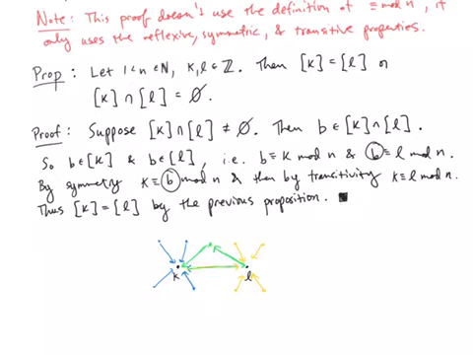So there's this double arrow connecting k and l, and once you have that, by the previous proposition, the equivalence class of k and the equivalence class of l must be equal. So any of these guys pointing to k must also be pointing to l, and any of these guys pointing to l must also be pointing to k. And so that's basically the proof.